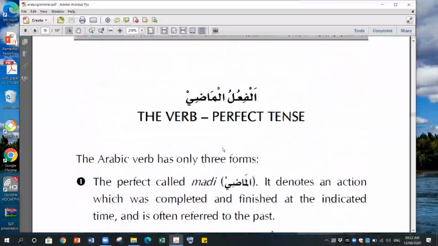Fa means what is replacing fa in kataba? Kaf. Yes, kaf. What is ain kalima? Ta. What is lam kalima? Ba. Yes, like that. So we will recognize like that.